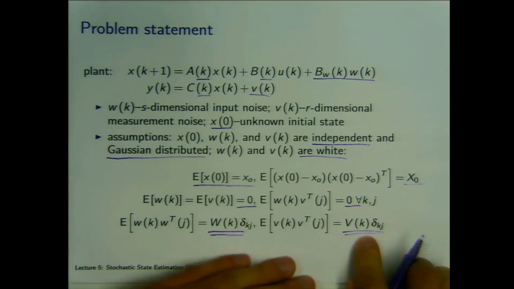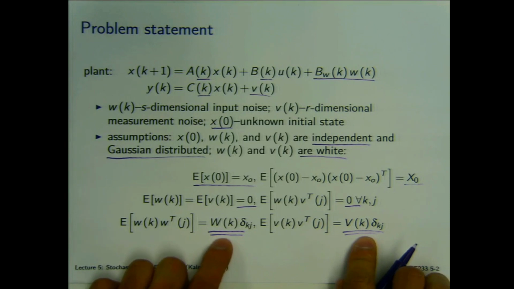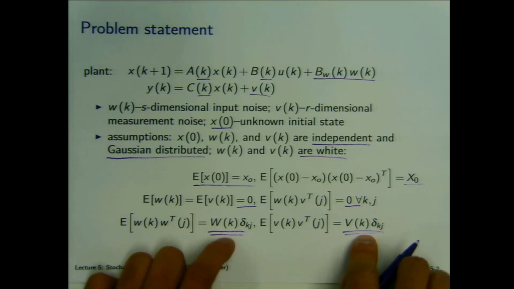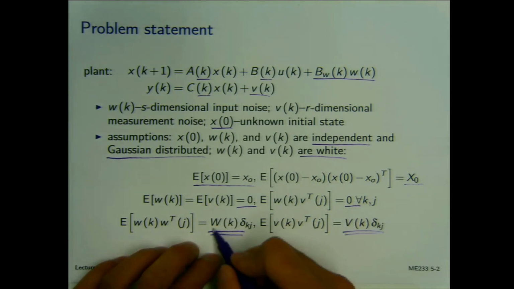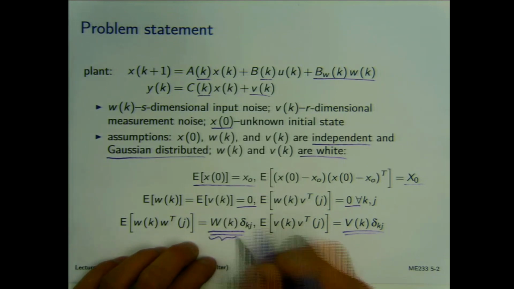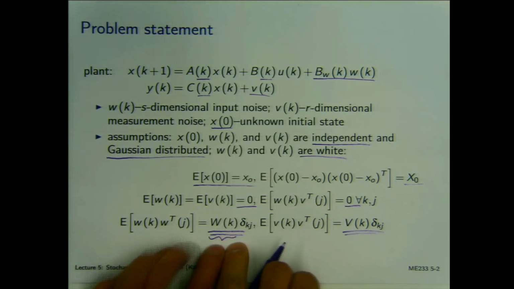So if you just look at these two here, these white noises, are they stationary or not? Not quite, actually. So it's not stationary. It can be if these are constant matrices. But if it's not constant, it means, for example, they are changing the properties.